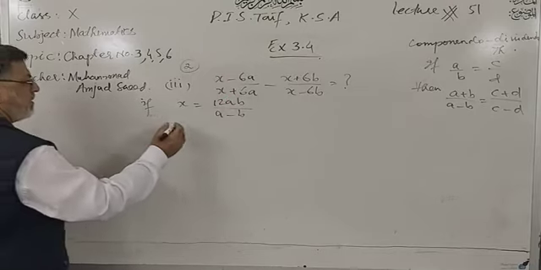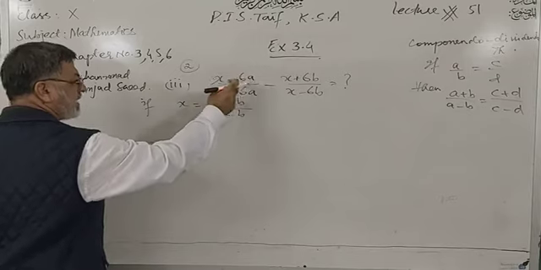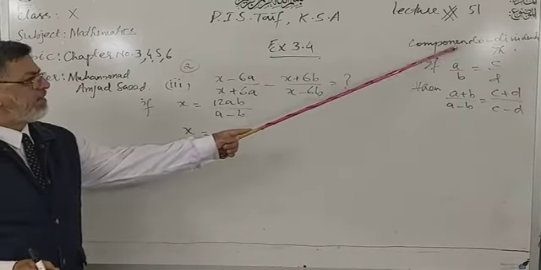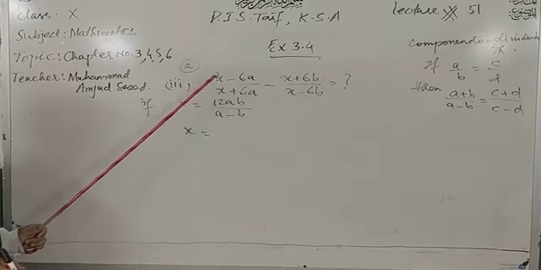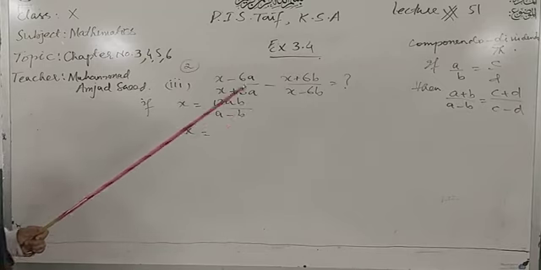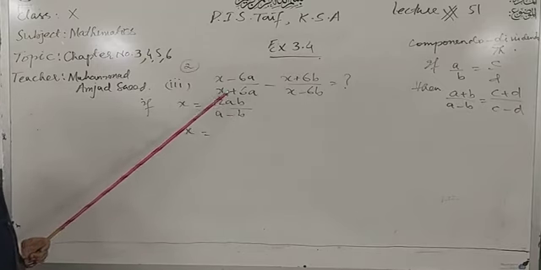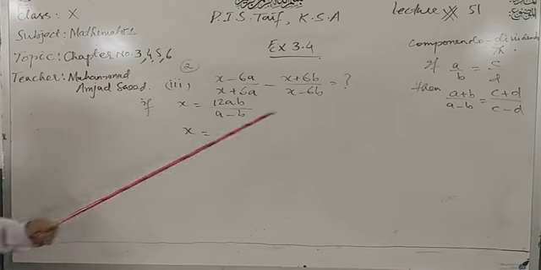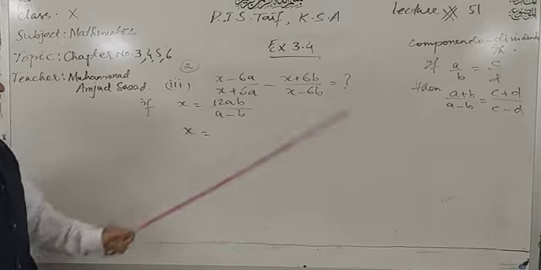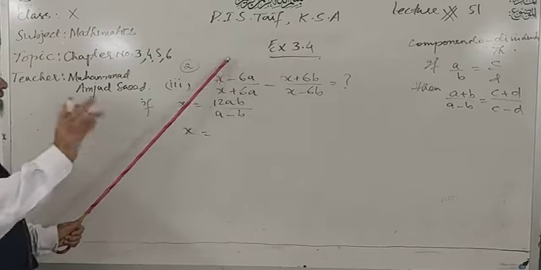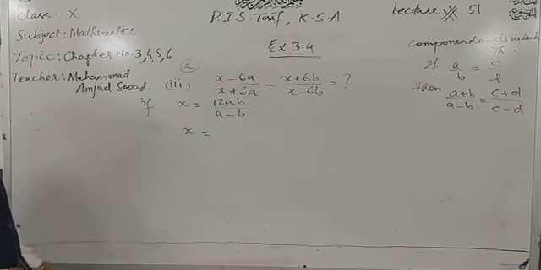If you bring 6a down of x and then apply componendo and dividendo, you will get x plus 6a over x minus 6a. I have to break down 12ab into 6a into 2b in such a way that 6a will be shifted to the denominator of x, and then applying componendo and dividendo, you will get x plus 6a over x minus 6a. Then you will take invertendo property and you will get this one.